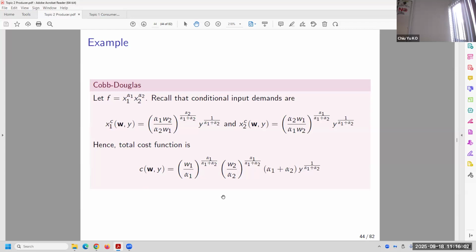I don't think a firm would want to waste money, regardless of whether he wants to maximize market share or whatever. As long as we assume the firm is not stupid and doesn't want to waste money, this always holds. So you can always back out his production function from his cost.